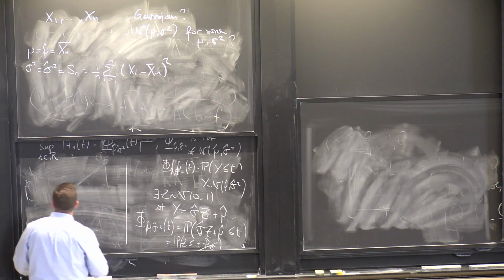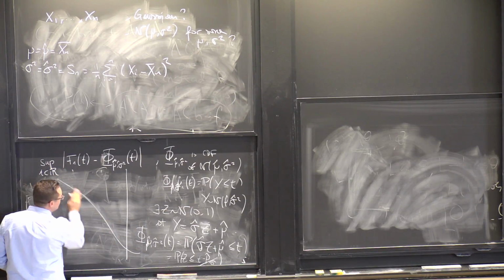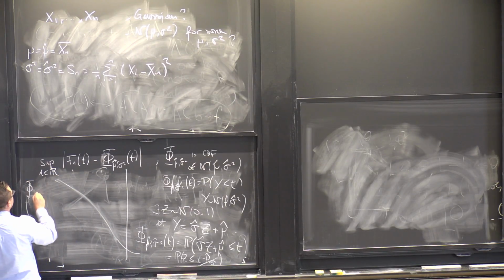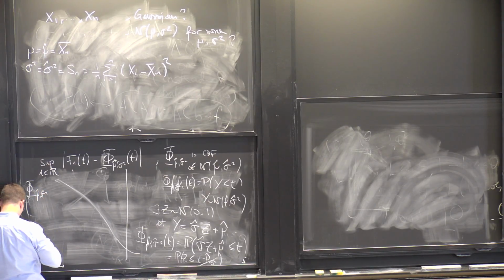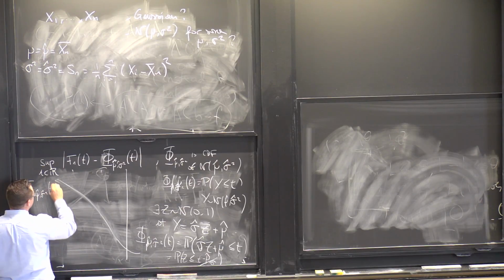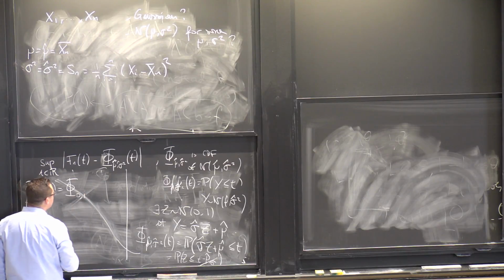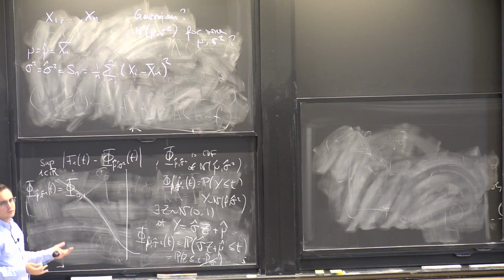All right, so in particular, from this, what I get, well, maybe I'll remove that. It's going to be annoying. I know that phi mu hat sigma hat squared of t is simply phi of, say, 0, 1. And that's just a notation. Usually we don't put those, but here it's more convenient.